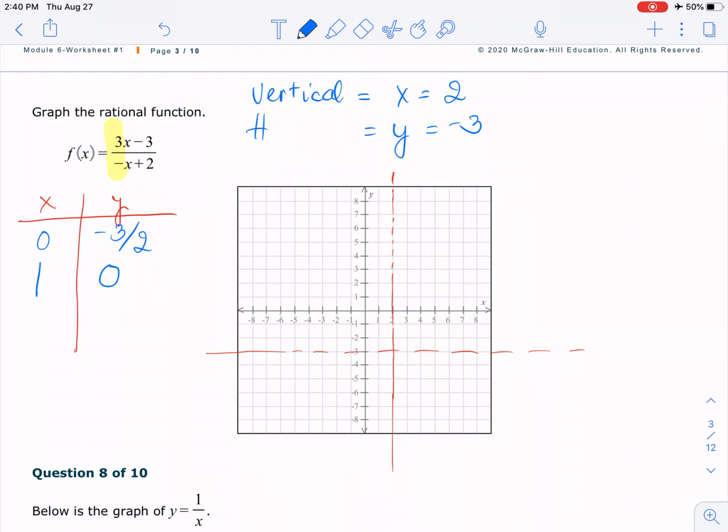Let's say when x equals 3. When x equals 3, y is going to be 3 times 3 minus 3. On the bottom, we have negative 3 plus 2. So it's going to be 6, negative 6.